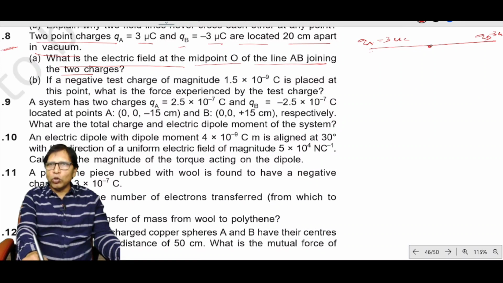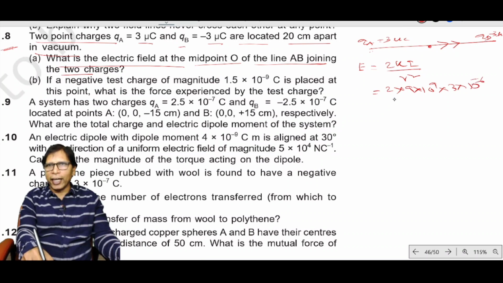Due to the positive charge, intensity is directed along this direction, and due to the negative charge, intensity is directed along this direction, so the net intensity is directed towards the negative charge, and this equals 2kq by r square. Now 2, k is 9 into 10 to the power 9, q is 3 into 10 to the power minus 6, and r is half the total distance.